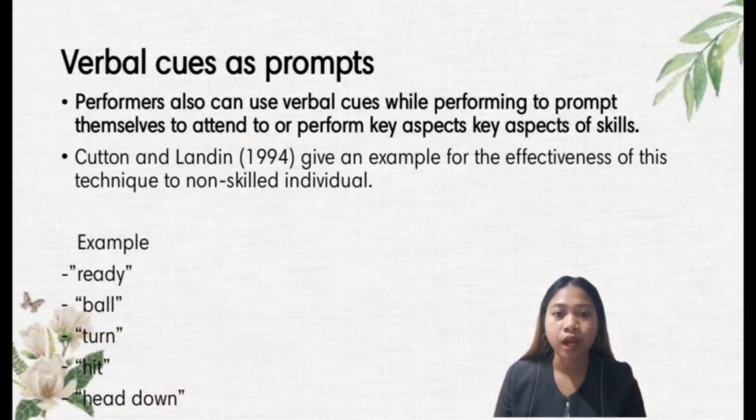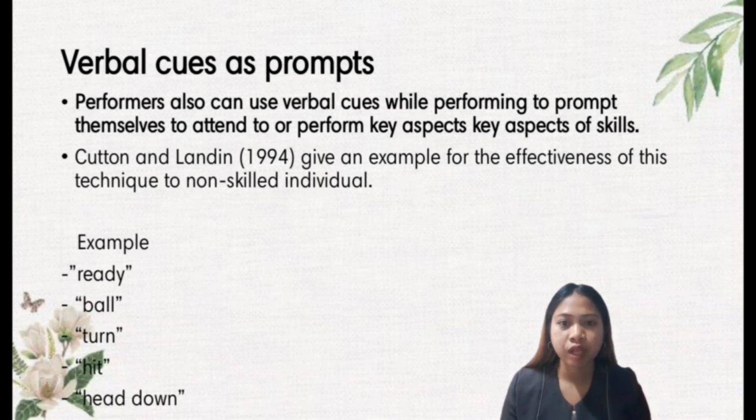For example, a university instructor taught a class how to play tennis. Five verbal cues were said out loud each time they were required to hit the ball. These 5 verbal cues are the keywords. First is "ready," to prompt preparation for the upcoming ball.